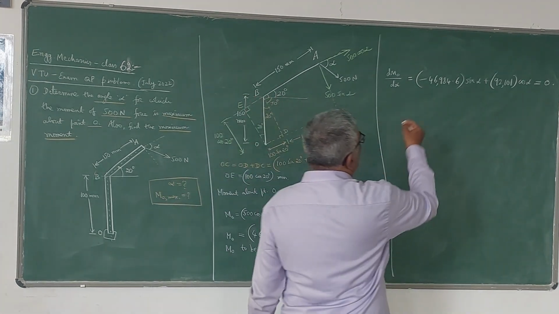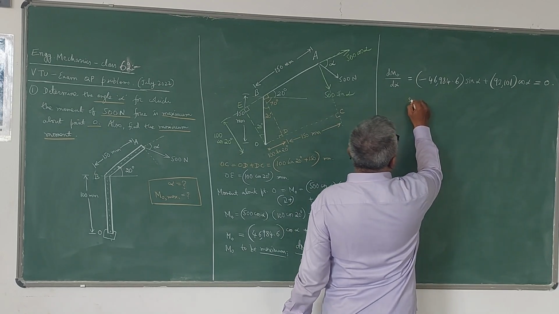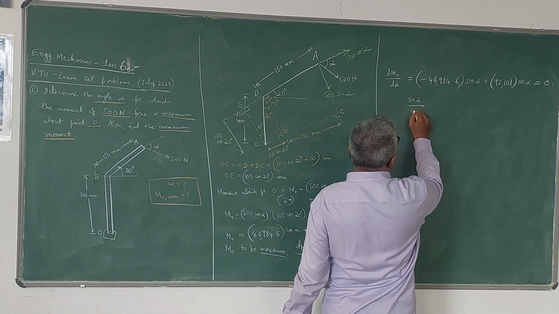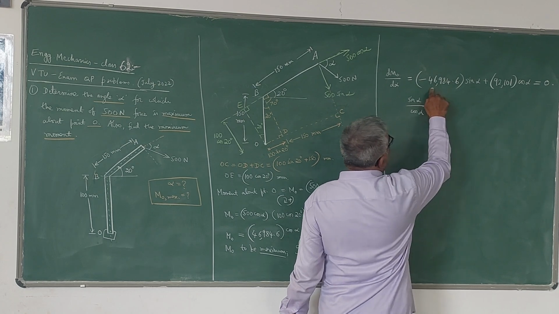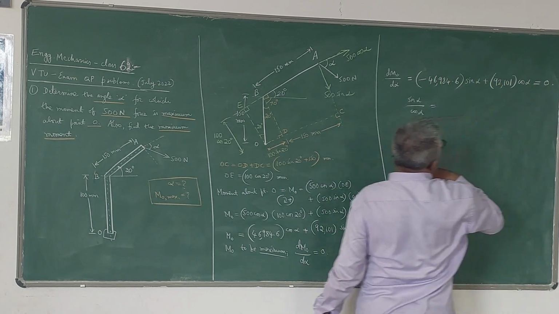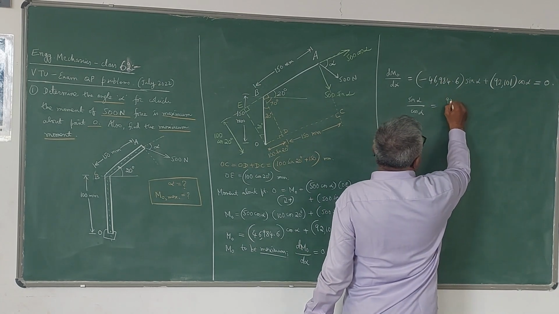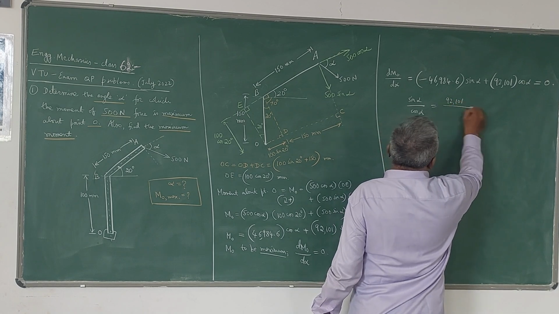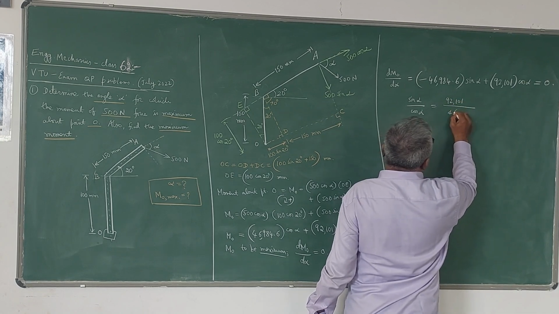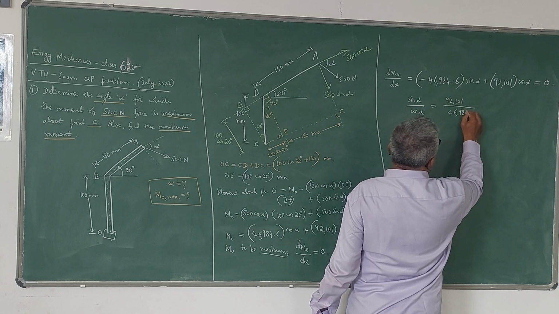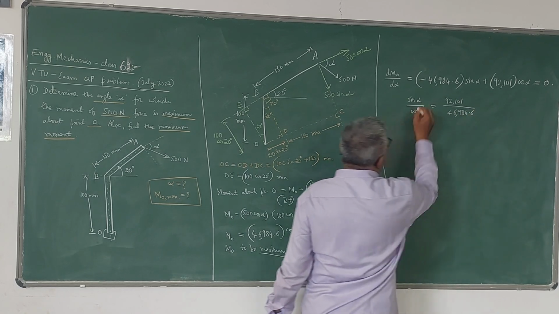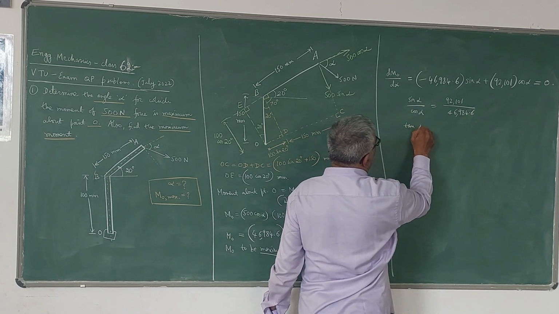I will take the ratio sin alpha by cos alpha. If I bring this to that side, it becomes positive. So it becomes 92,101 divided by 46,984.6. Sin alpha by cos alpha is tan alpha.